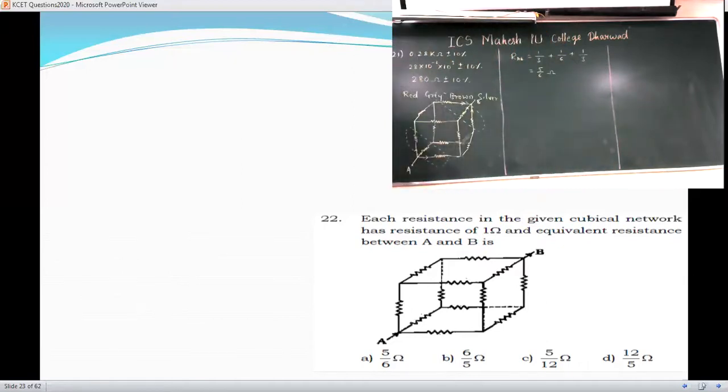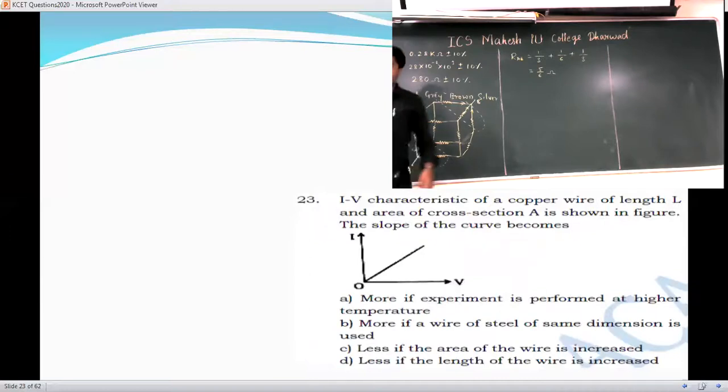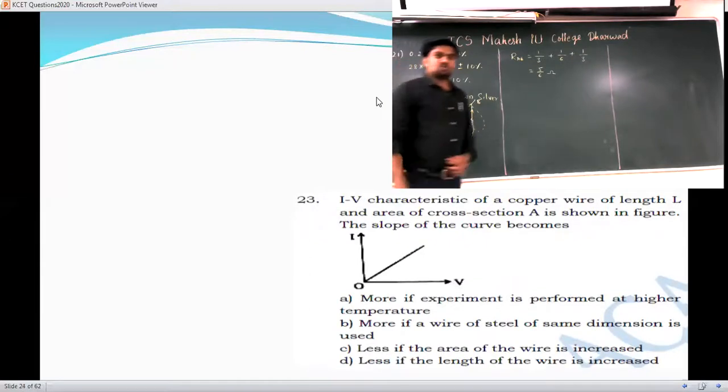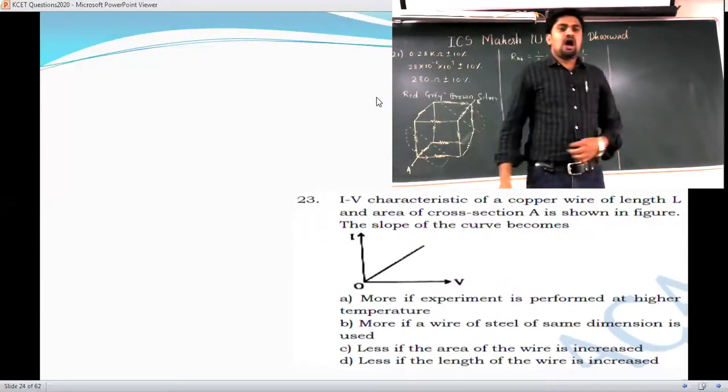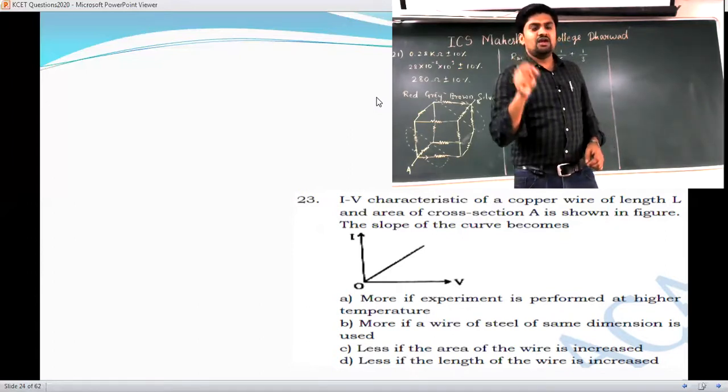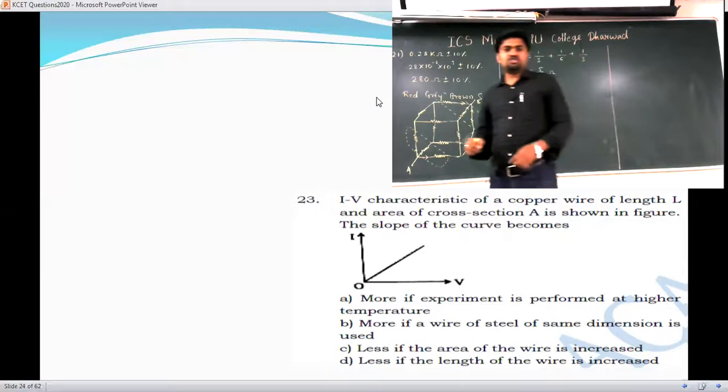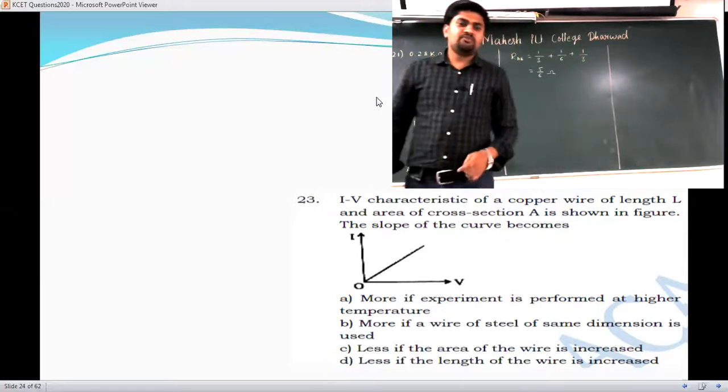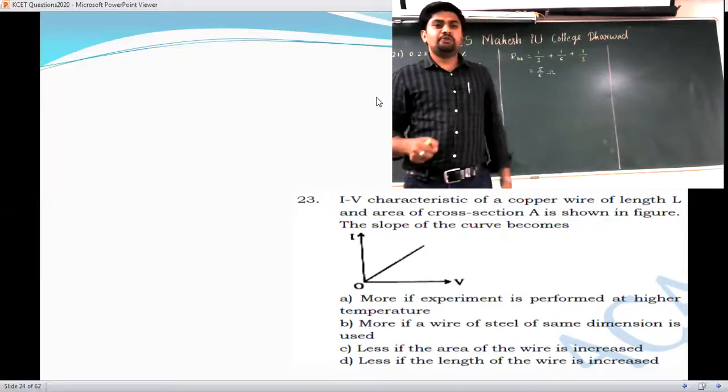Let's go to the next one. In this question, the IV characteristic of a copper wire of length L and area of cross section A is shown in the figure. The slope of the curve becomes what?